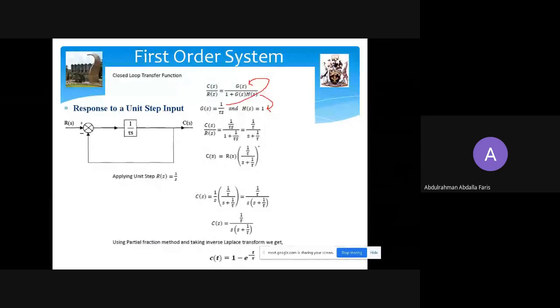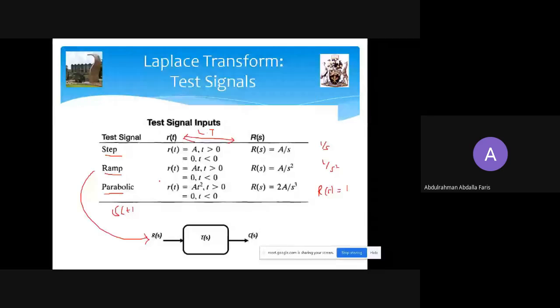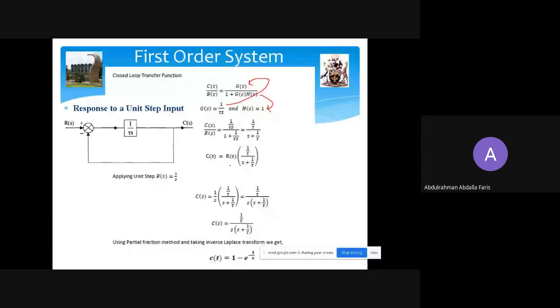Let's say our input signal is a unit step. Then from our table here, this is 1 over s. So we have 1 over s times your transfer function. You simplify, and you end up with this equation.